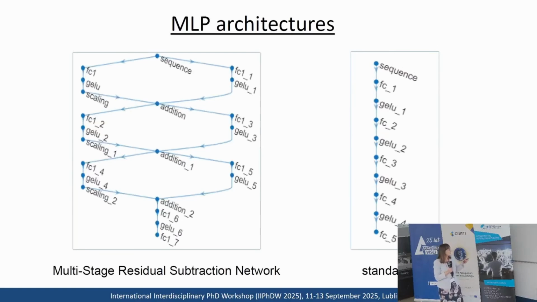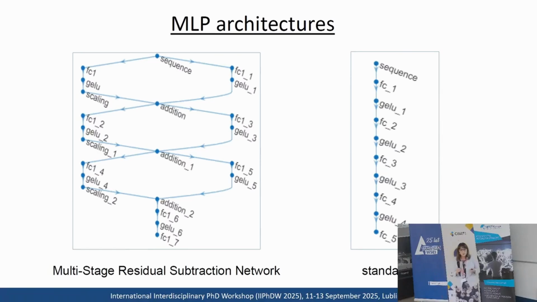First was this differential one, and the second was a simple MLP model. When you see the right part of the differential architecture, we got this standard model. So for each fully connected layer, we use 512 hidden units and also the activation function.